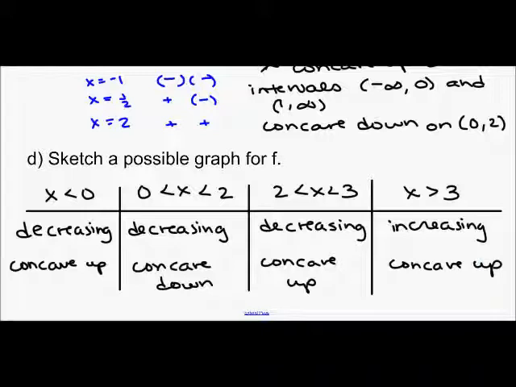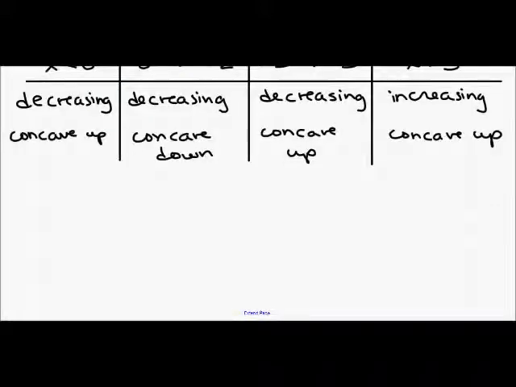We are going to try to make a graph. I'm going to try to do the best that I can with the airliner here. Hopefully I do a decent job. So my graph is going to look like this. Decreasing means it's going down. Concave up is like a little cup.